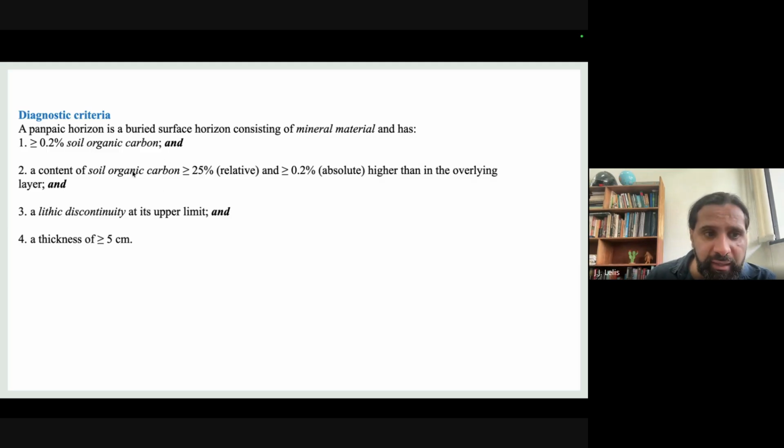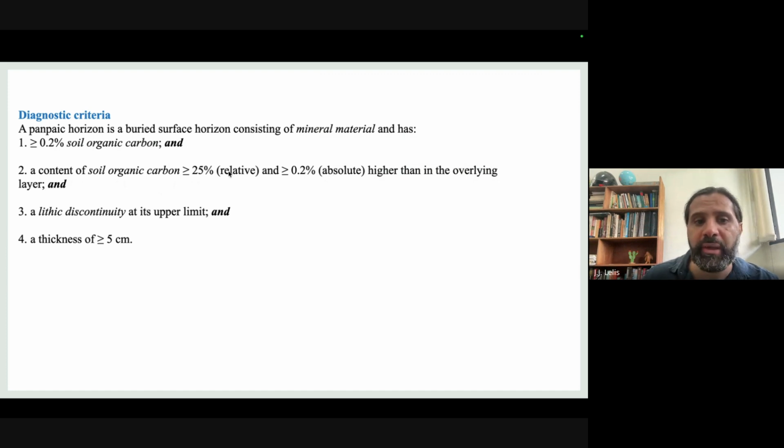And the content of soil organic carbon should be 25% higher than the overlying layer, and 0.2% higher than this overlying layer, depending on relative and absolute contents.